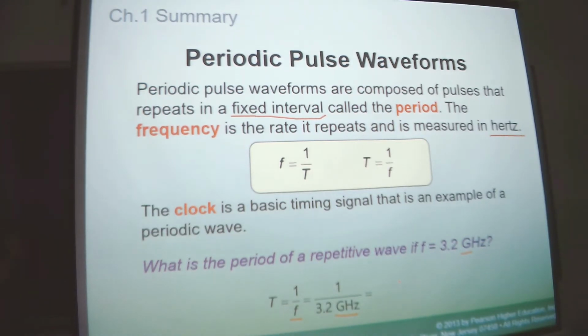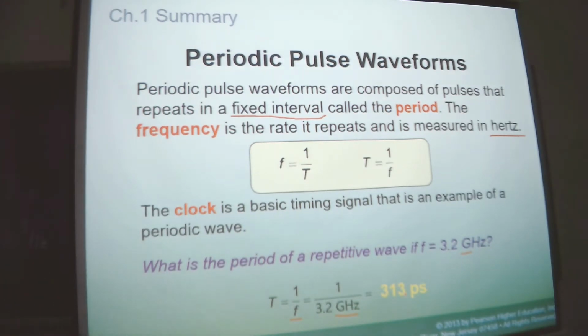So we must use this equation, and the result is 313 ps. What is ps?